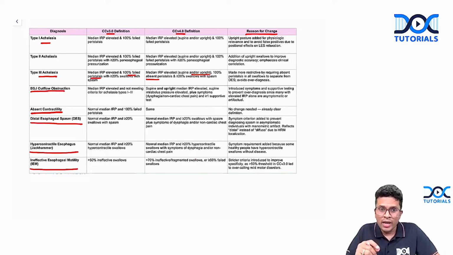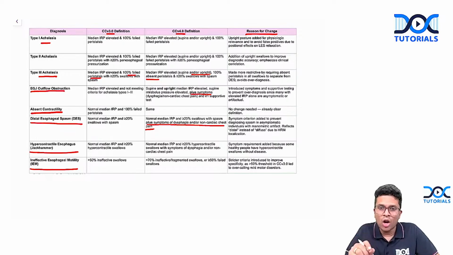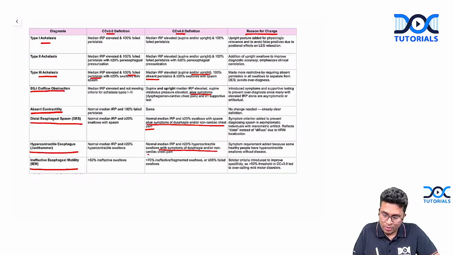In a similar way, symptoms have been added to the criteria for EGJ outlet obstruction. The same way, even for distal esophageal spasm, symptoms must be added along with the criteria, and even for jackhammer, you need symptoms.